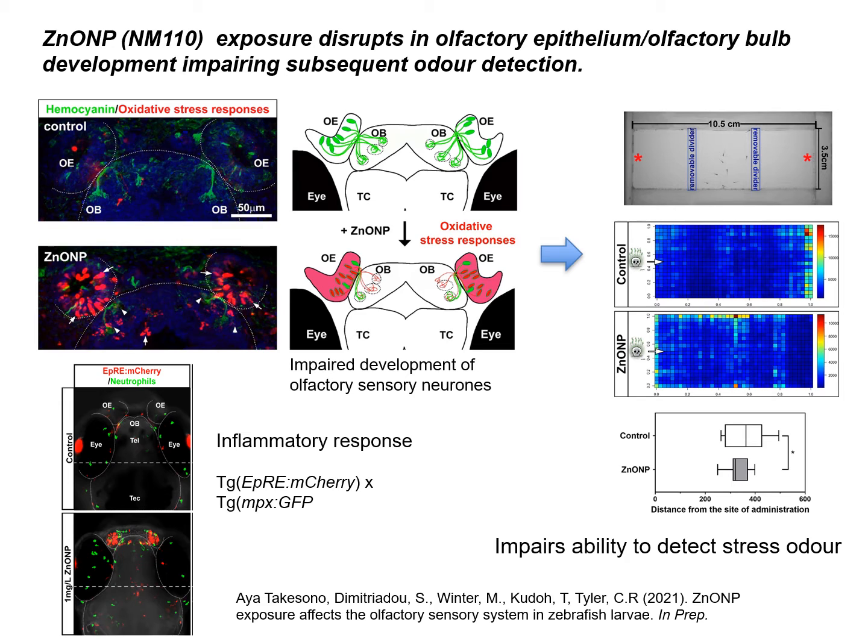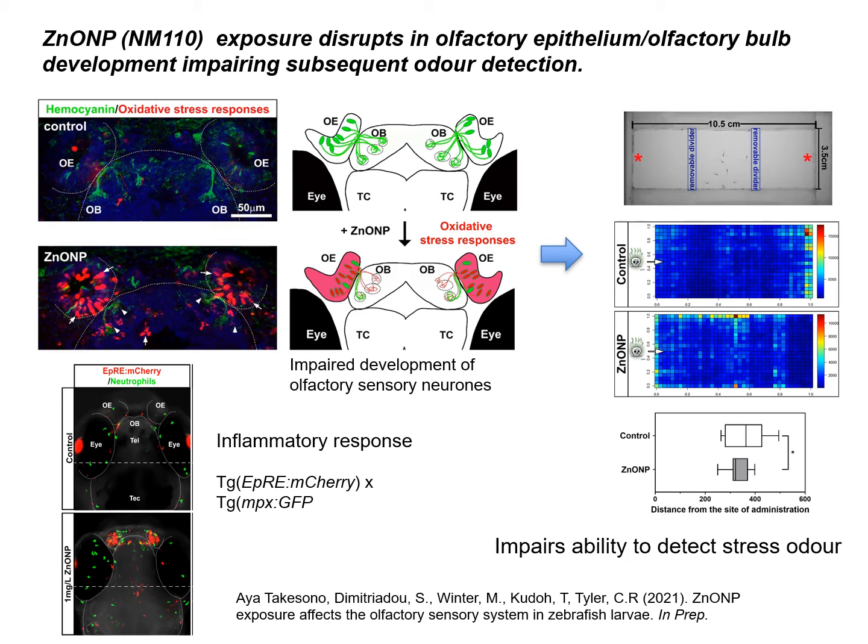The top left panel is showing the responses in the olfactory system to exposure to zinc oxide nanoparticles, and the cartoon is showing what elements of those neural systems are affected in terms of their development, what they look like as a consequence of that exposure. The bottom left-hand panel shows you the responses that occur in those fish for exposure to zinc oxide nanoparticles within a double transgenic fish.